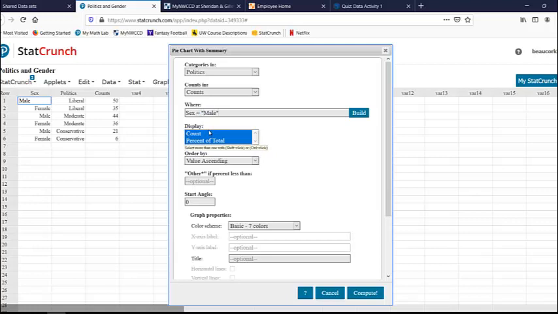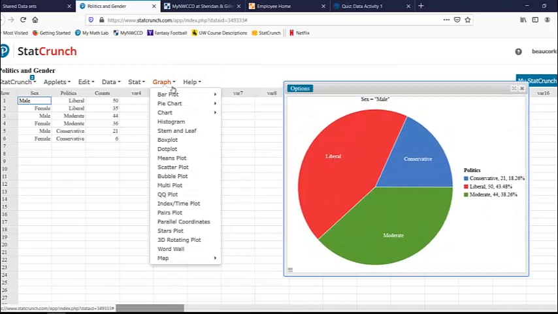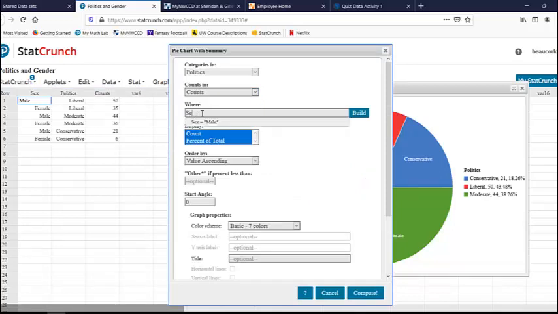But if it was male space 1 or something, put it in quotes and hit compute. Similarly, I would do that same graph, pie charts with summaries, categories as politics, and sex equals female.